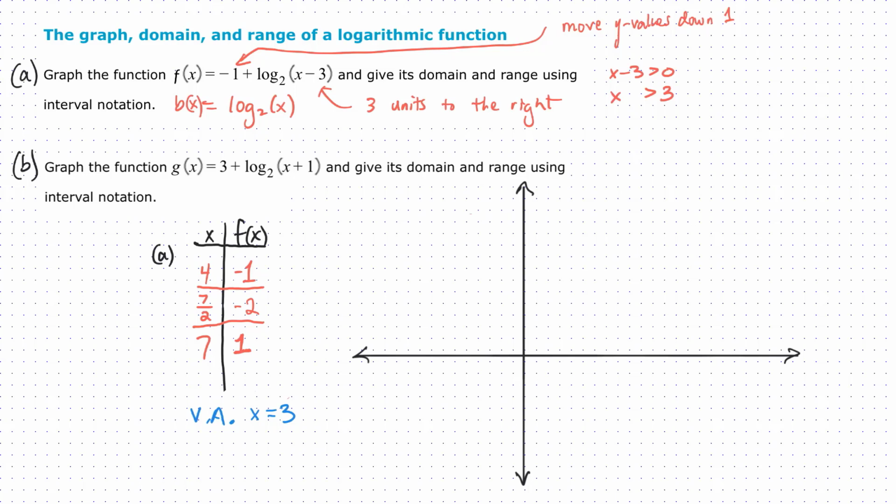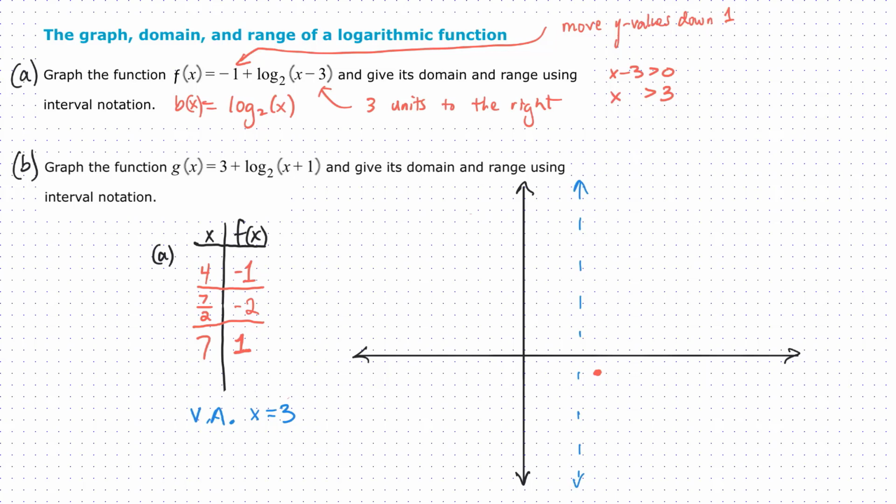For negative 1, ordered pair (4, -1), right here. Let's use red. 3 1/2 is negative 2. And I forgot something really, really important. We should draw our vertical asymptote first. There we go. That makes things a lot easier.